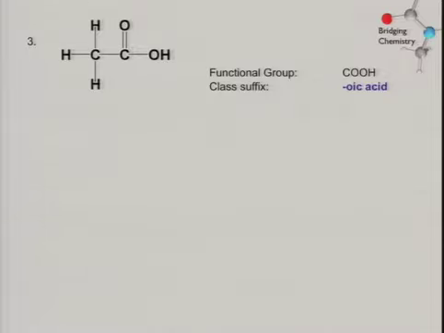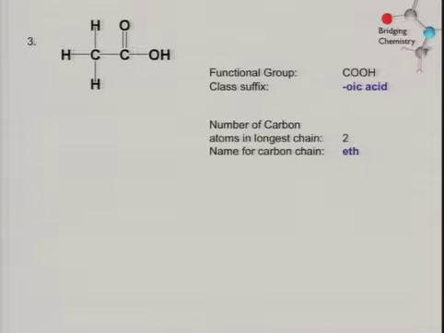So we can do our same thing again. We can say, what is the number of carbon atoms in the longest chain of our framework, of our backbone? Here it's 2. We count the carbon that's part of the functional group. So there's 2 carbons here, so that would be eth again. Are there double or triple carbon bonds?